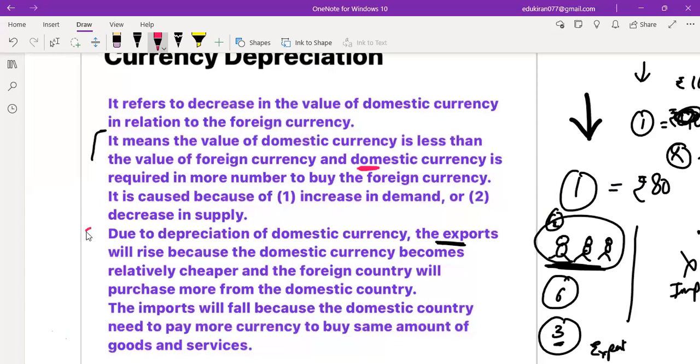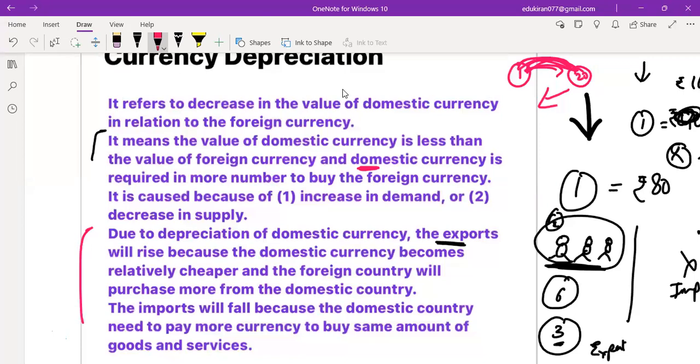Very, very important this concept. See, the export will rise. Why? Because now for $1, they can purchase the product which is for 20 rupees in our country. So they will come to India and bring a lot of things, and we will export a lot to them. But will you purchase the product from their country in this situation of depreciation?